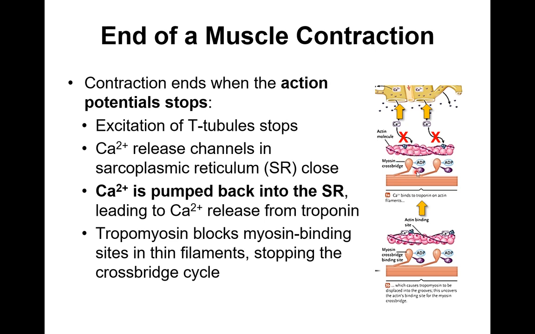There is no more binding, and therefore the thick and thin filaments are not in contact anymore. The energy gets released, and the thick filaments slide back to the original length they had before. So the distance between the Z lines within the sarcomeres goes back to the original distance before the contraction had taken place.